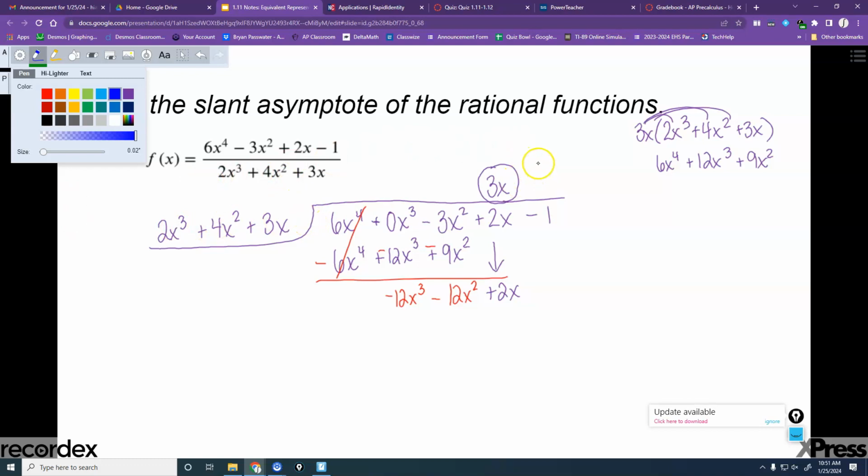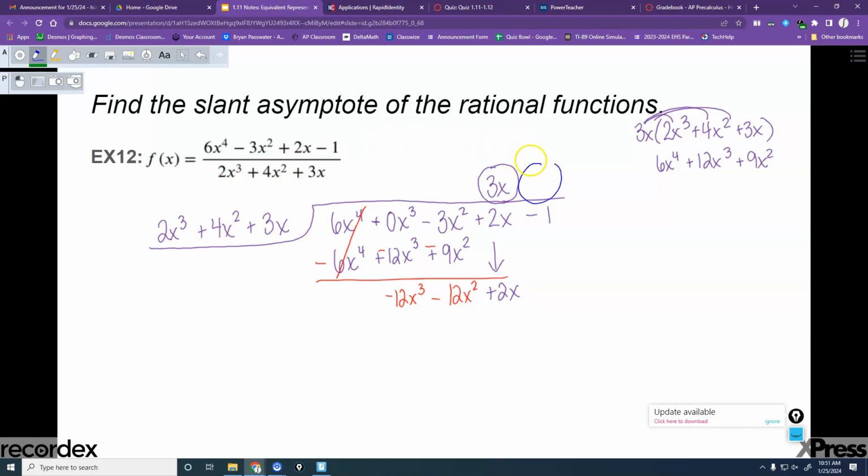So now we need to know what number times 2 will give us negative 12x to the third. So what times 2 will give us negative, I'm sorry, just negative 6, because we already have the x to the third. I read that out wrong when I said it.